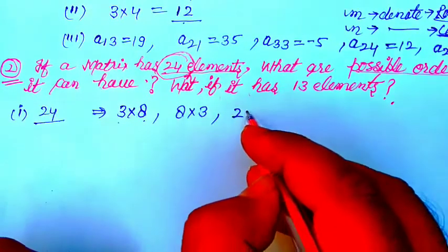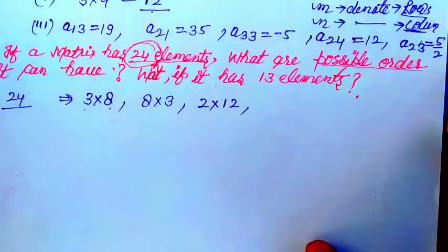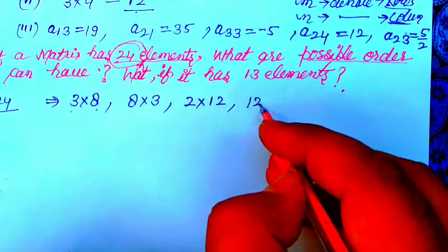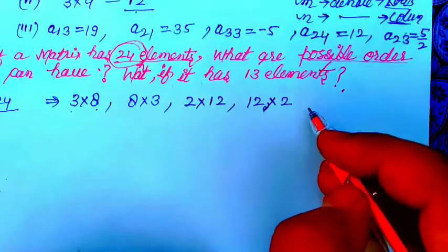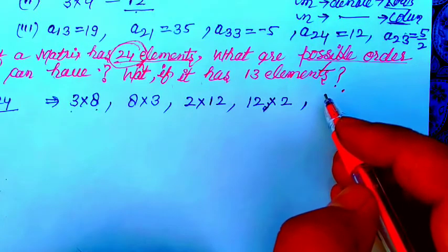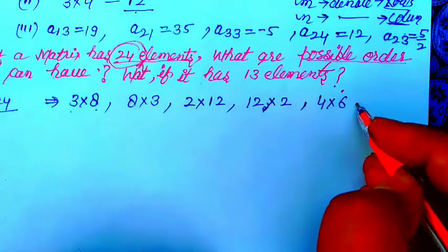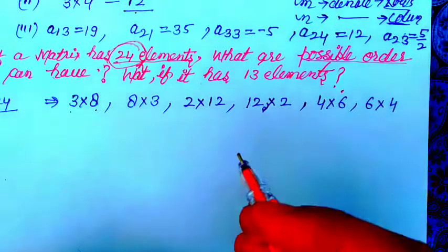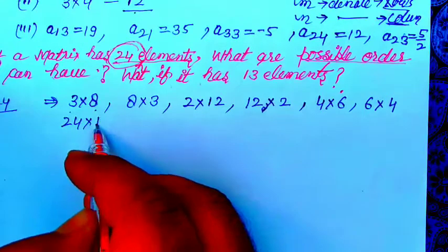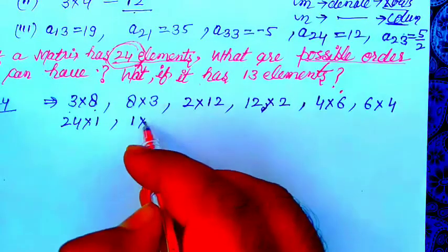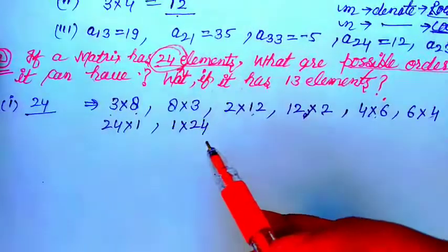If we put 2 rows 12 columns, we will get 24 elements, and 12 rows 2 columns, and more we can write 4 by 6, 6 by 4, 24 by 1, 1 by 24, isn't it? So we have 8 possible orders.